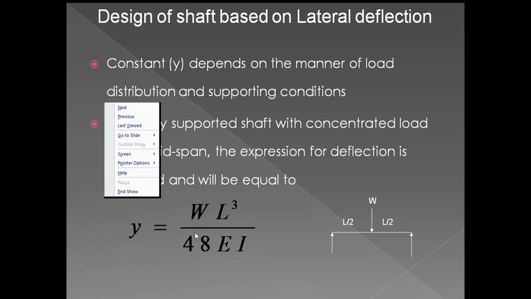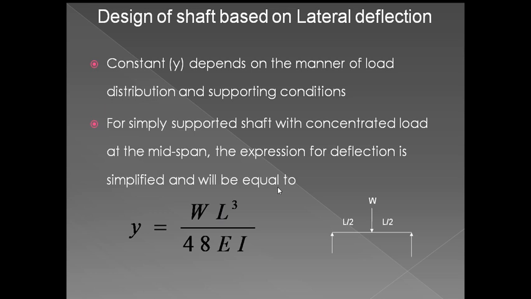The changing value is Y equal to 1 by 48. So the constant will change based on the supports and type of load. So if it is simply supported with concentrated load at the midspan, then the expression for deflection is WL³ by 48 EI.